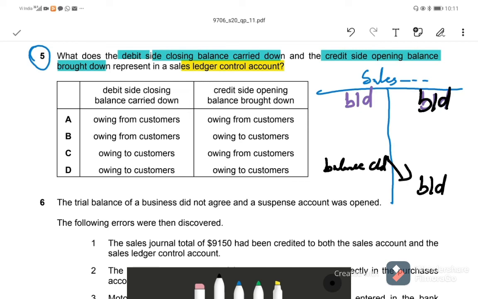So both of these come on the credit side. This shows the business owes money to the customers. So what is the correct answer? Owing from customers, no. Owing to customers, correct. But this part is wrong. So the correct answer is D.